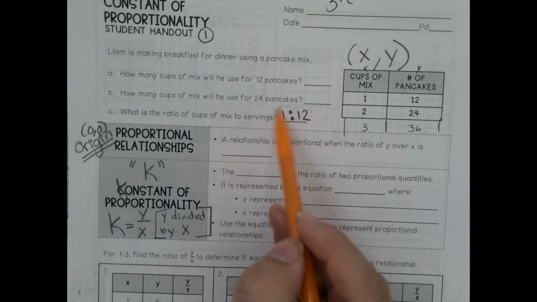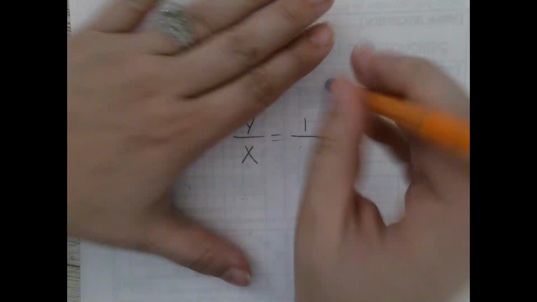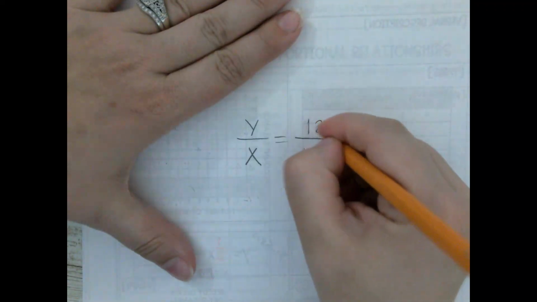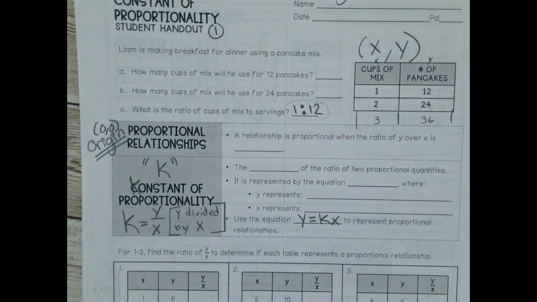Didn't we see ratios when we did proportions? Yeah, and we had to set them up on top of each other. So I done this one like 1, or would have been the other way around, sorry. 12 to 1, right? All right.